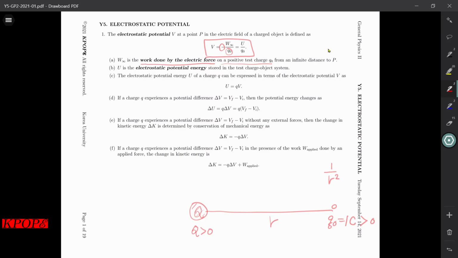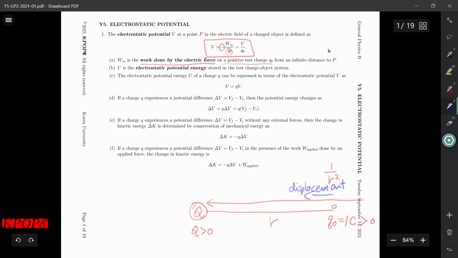But bringing this particle from infinity to here, we note the displacement and the electrostatic force, both of them, Q times a small Q0.